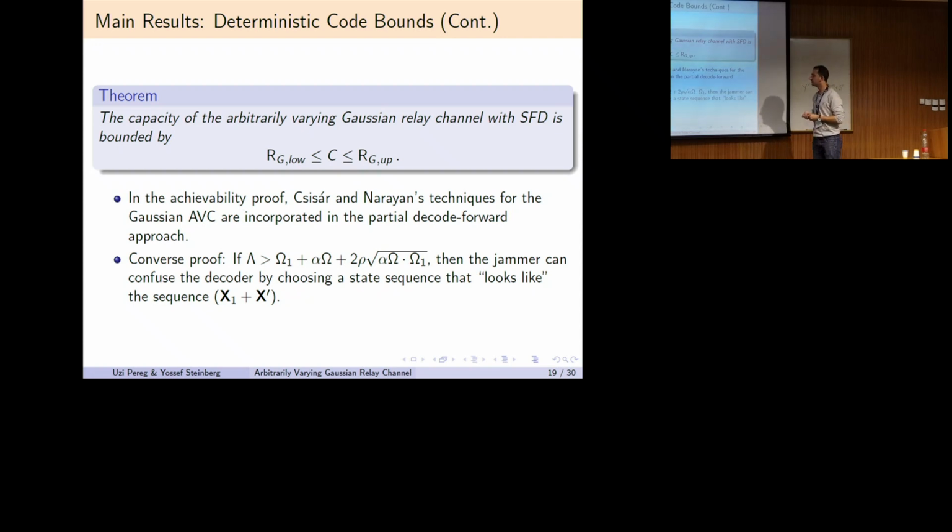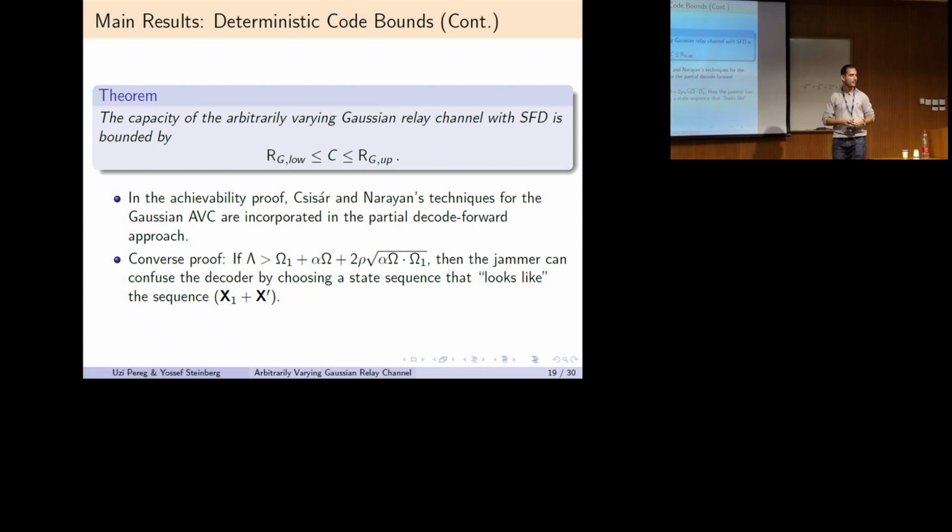And then for the converse, we show that if the state constraint lambda is greater than this expression, then the jammer can simulate or make the state sequence look like this sum of the relay transmission and x prime. That's why if this holds, then the capacity is 0. Okay, so this is how we show the upper bound.